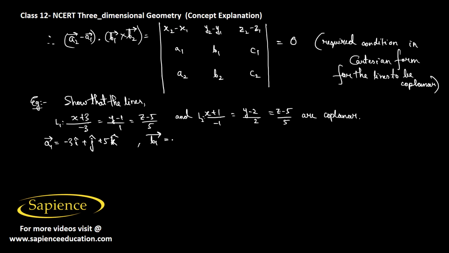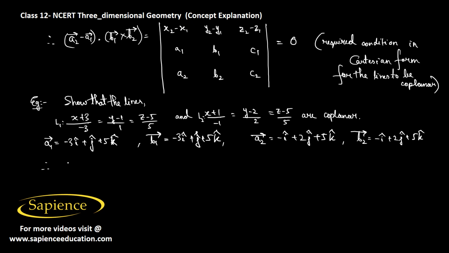Therefore the vector B1 also will be minus 3 i cap plus j cap plus 5 k cap. For the line L2, the position vector of the point on L2, that is A2 vector, will be minus i cap plus 2 j cap plus 5 k cap. Then B2 vector, parallel to the line L2, will be minus i cap plus 2 j cap plus 5 k cap.